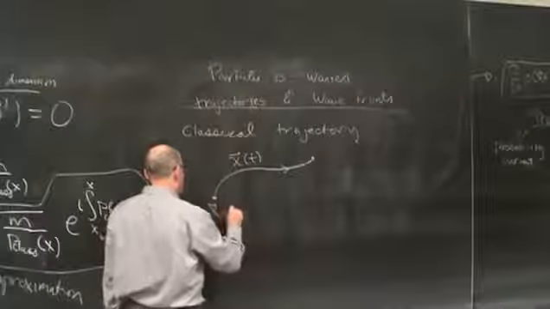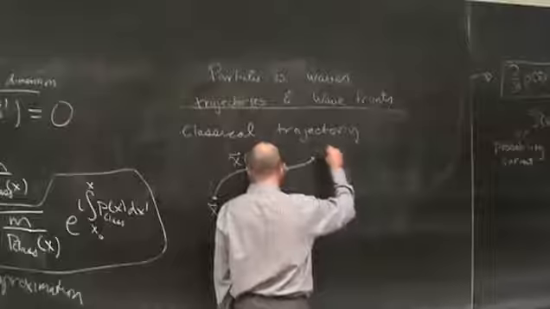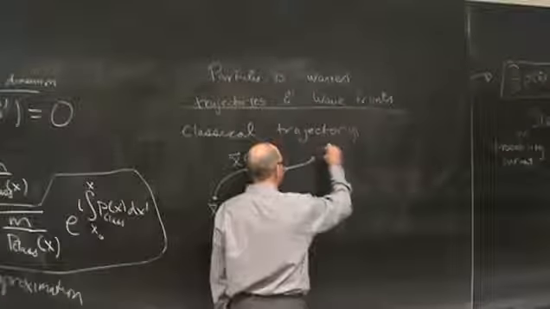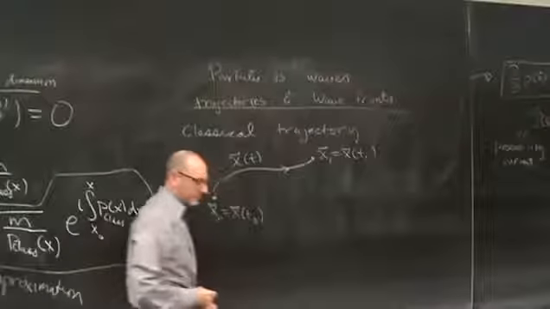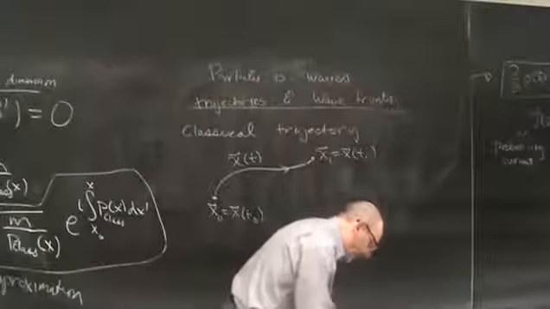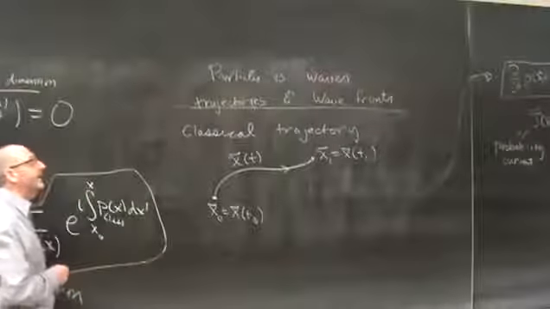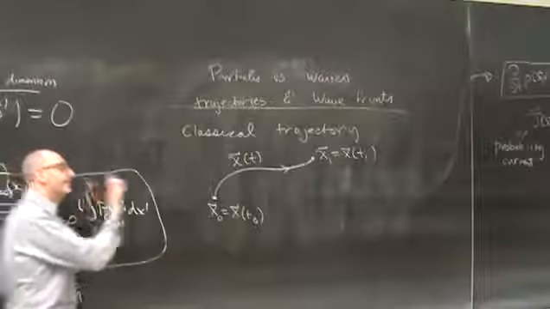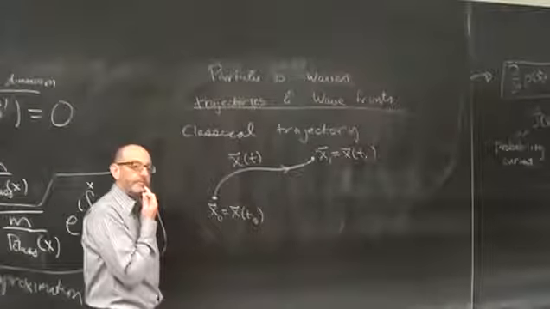There's some position at the initial time, and there's some position at some later time. And we know that this trajectory can be obtained as the stationary solution to the action.